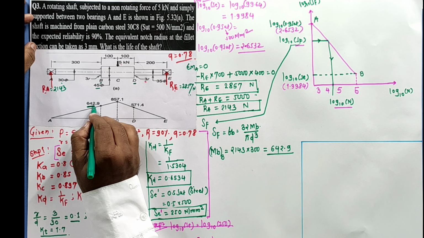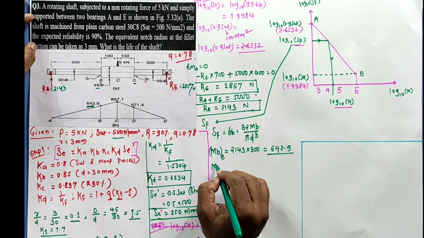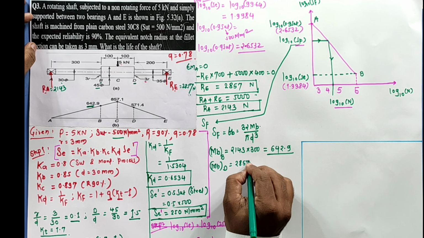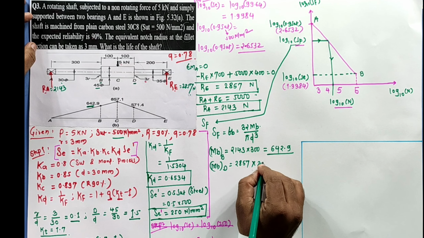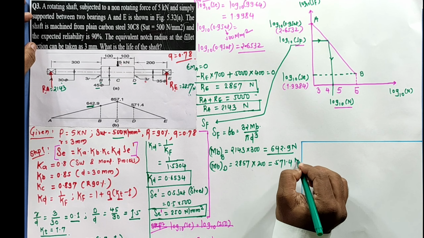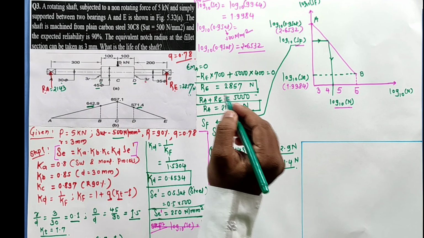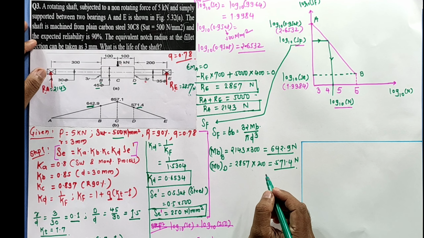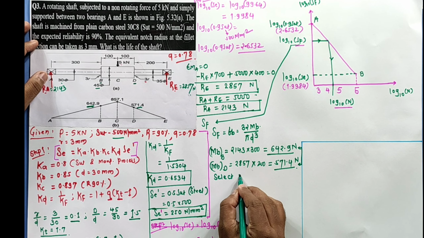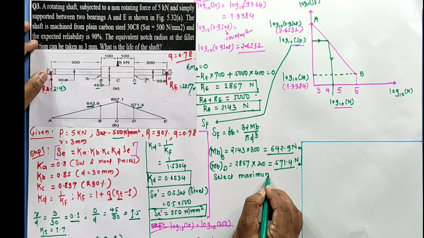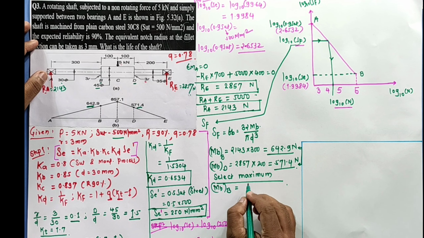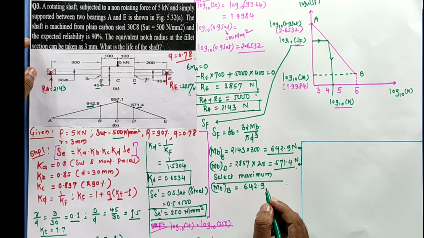And the bending moment at point D is equal to 2857 into 200, which is equal to 571.4 Newton. So both the bending moments we have calculated. Now we'll have to select whichever is the maximum. So select maximum. The maximum is the bending moment at B, 642.9. Correct?